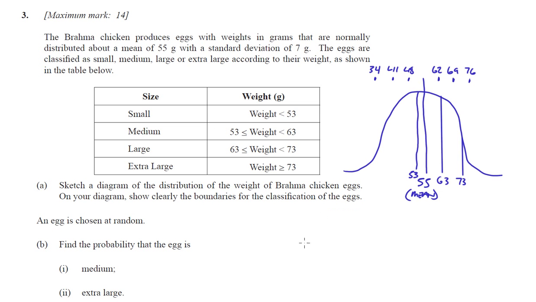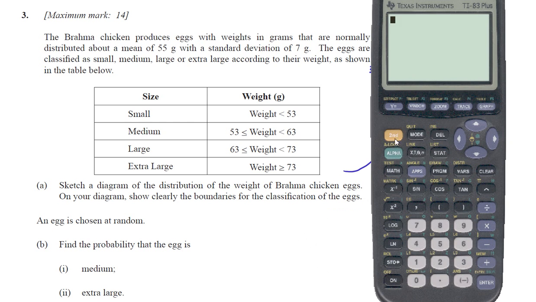So this is where you need your graphing calculator. On your calculator, this is the normal distribution, so you want to go into DISTR, short for distribution, so second variables, and these are all your distributions. We want to use the normal CDF, okay?